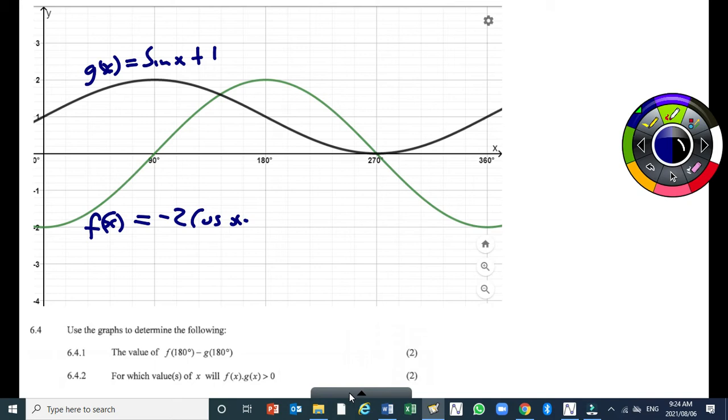Now, by f 180 degrees, it means where there is x here, put 180 degrees there. So where there is x in the original equations of the graph, put 180 there.